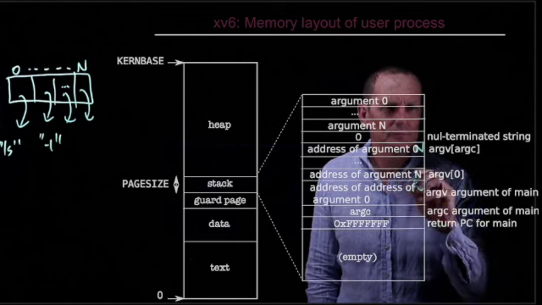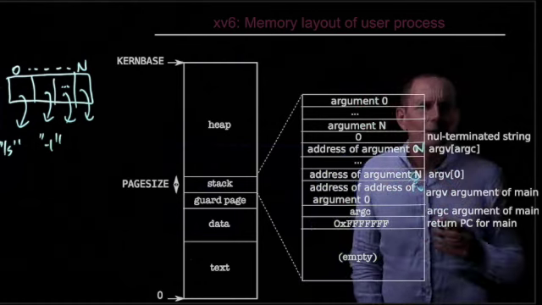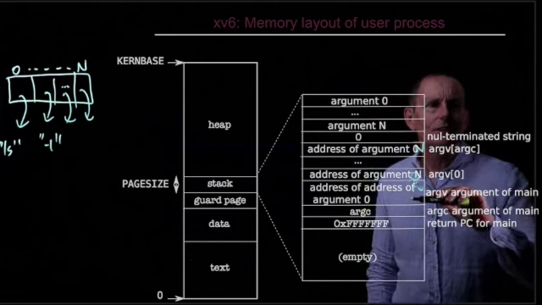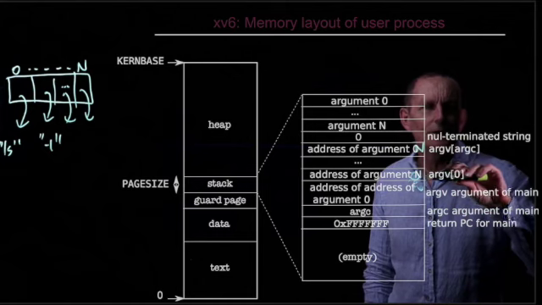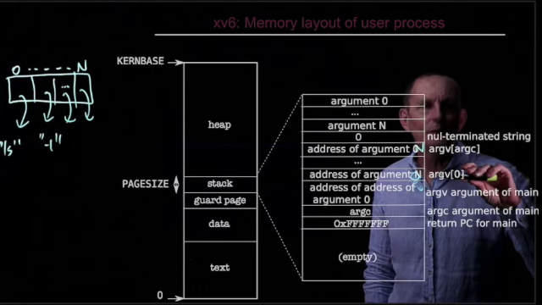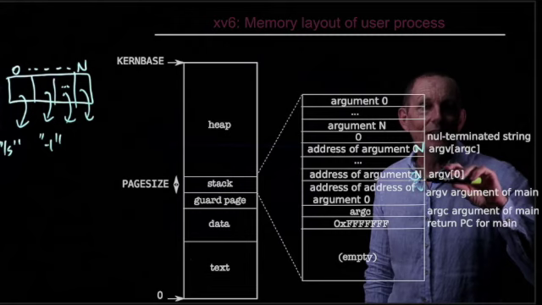So let's look at this. We have the address of argument 0. That is basically this address right here. That is the address of argv0 passed as a parameter. And what is argv0 plus 4? That is the next element in memory.